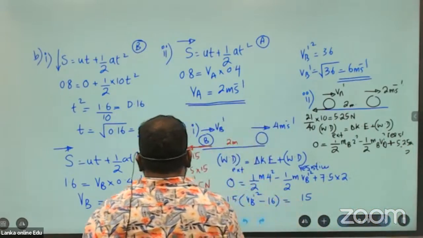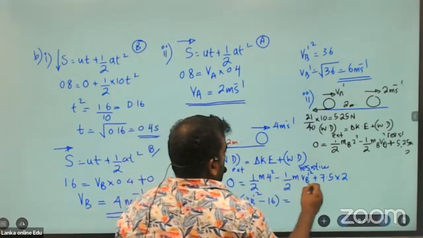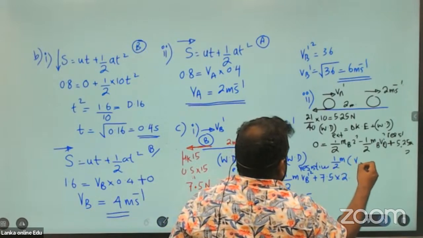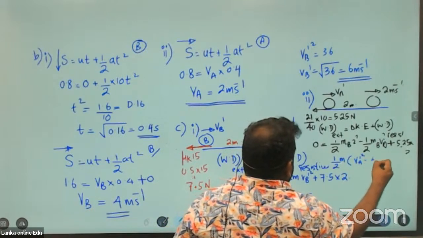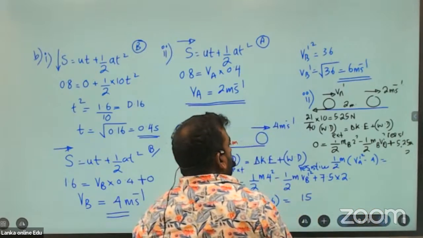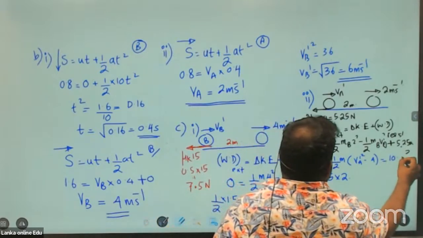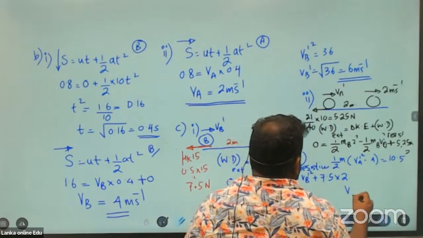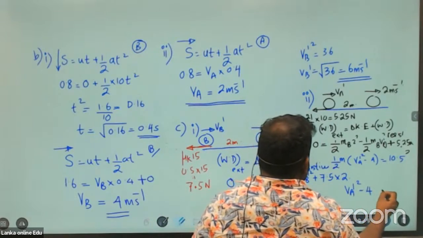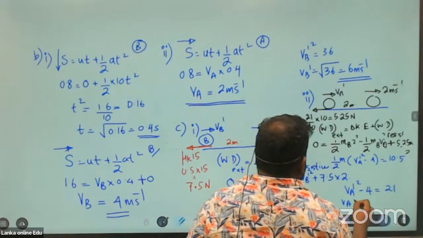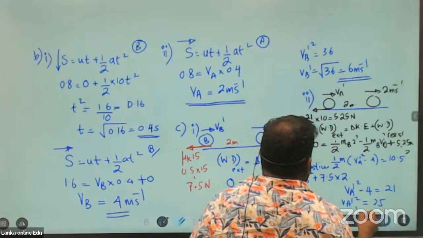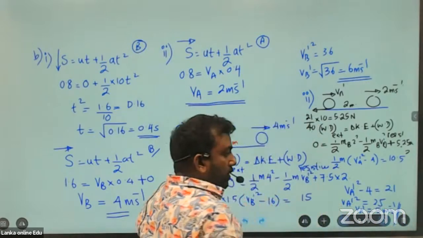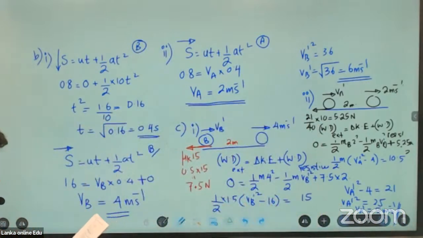Simplify: half mass times (vA dash squared minus 4). 5.25 times 2 is 10.5. Mass is 1, so vA dash squared minus 4 equals 21. vA dash squared is 25, so vA dash is 5. Velocity is found.